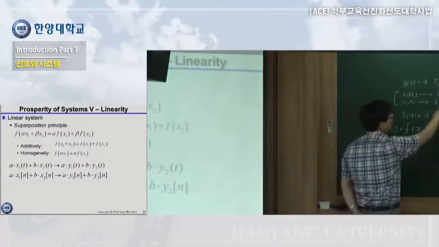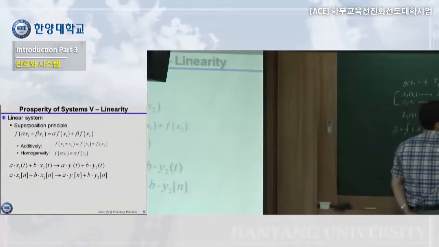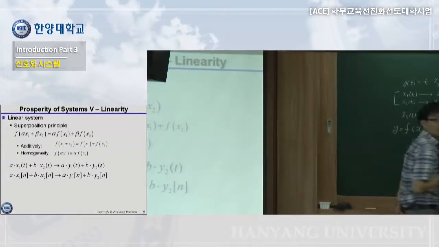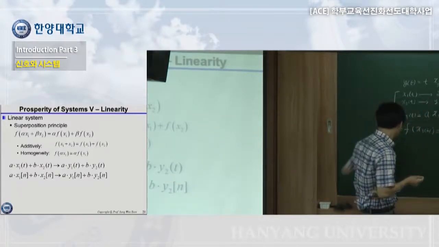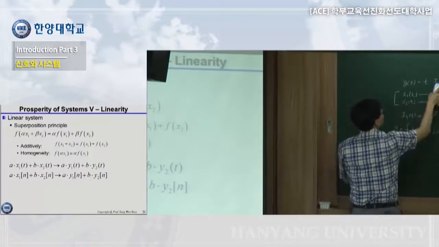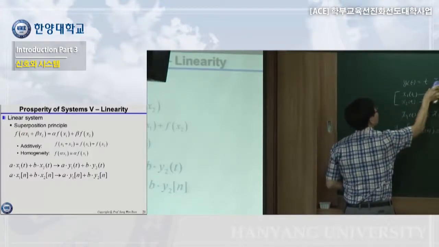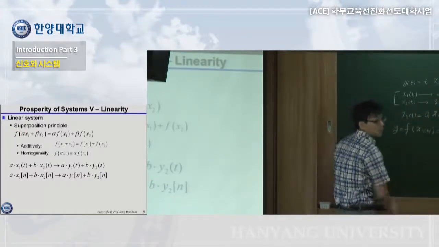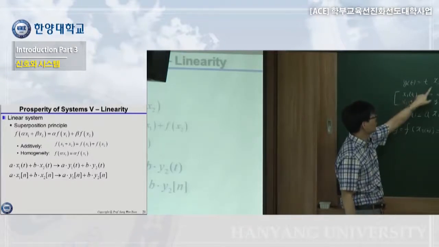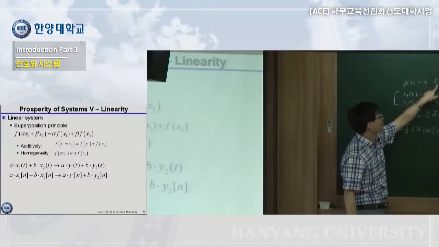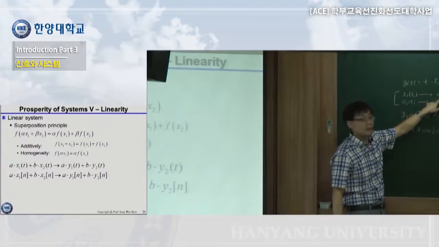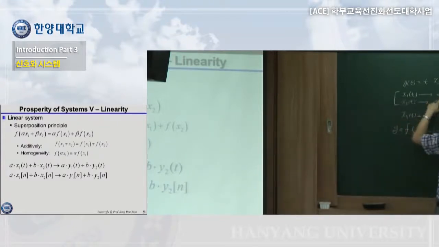Now, what is x1(t)? If you apply x1(t) to the system, t times x1(t) is y1(t).